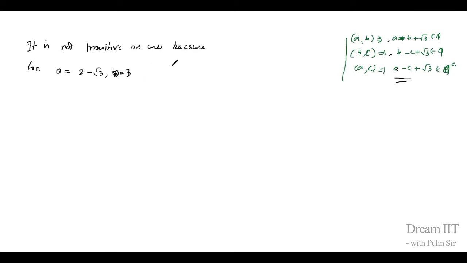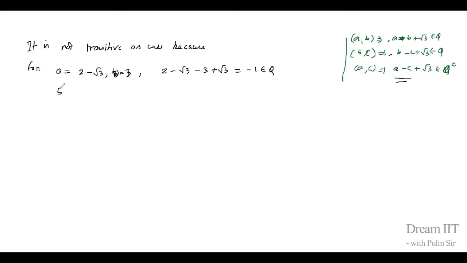So we have considered this, very nice. Then what we get: 2 minus root 3 minus 3 plus root 3 is going to give me minus 1, and that belongs to Q.